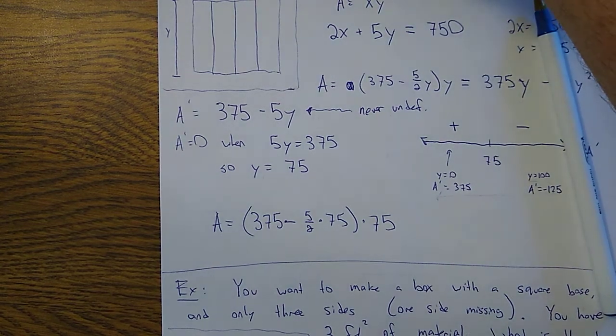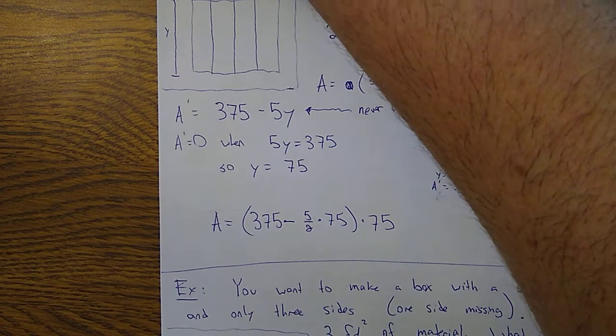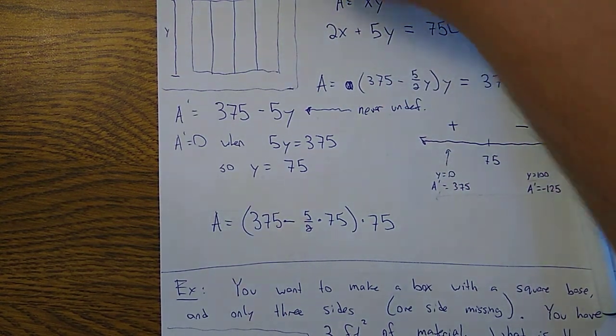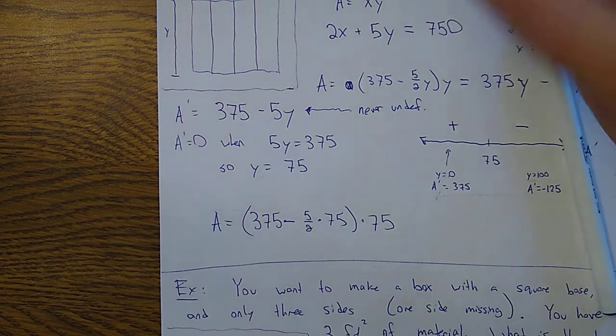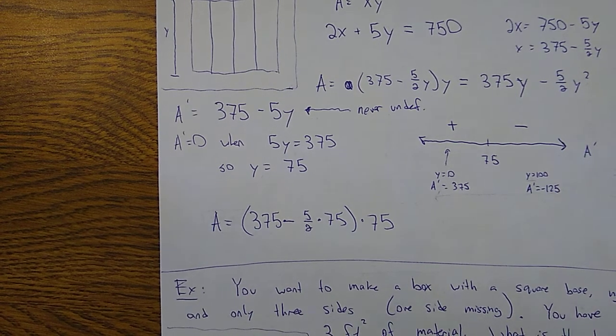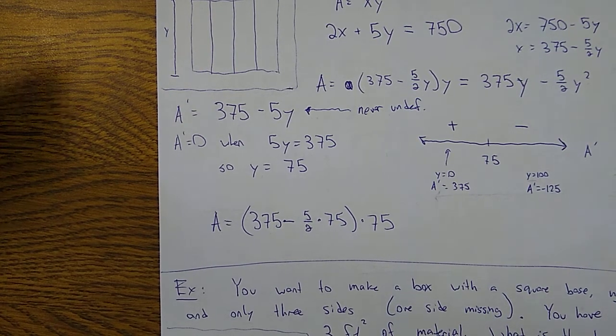375 minus 5 halves times 75. All of that times 75. Sorry, this is taking too long.